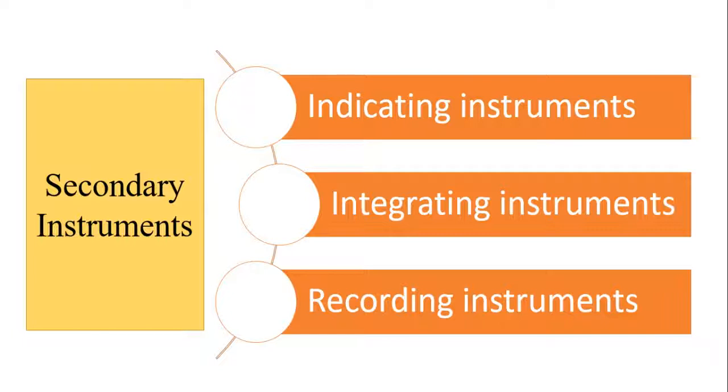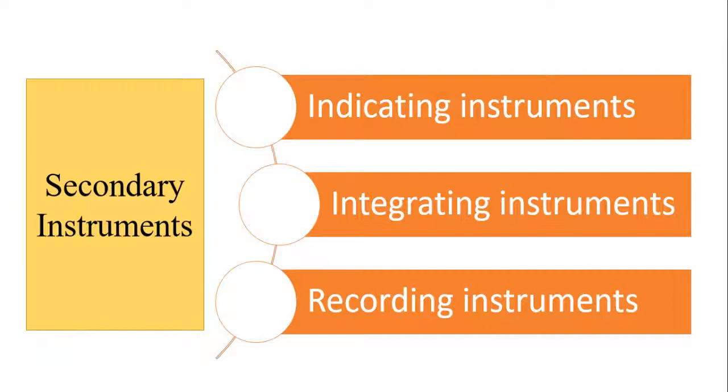The energy meter, watt hour meter or ampere hour meter are examples of integrating instruments. Suppose we have consumed 50 watts of power for 5 hours. So 50 into 5 is 250 watt hours consumed, a basic example of how integrating instruments work.